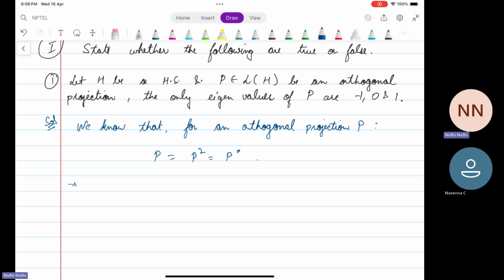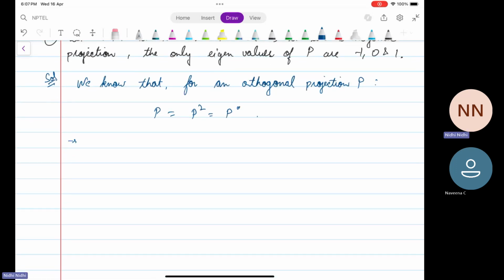This implies obviously P is self-adjoint, P is equal to P star. And for self-adjoint operators, we know that all eigenvalues are real.